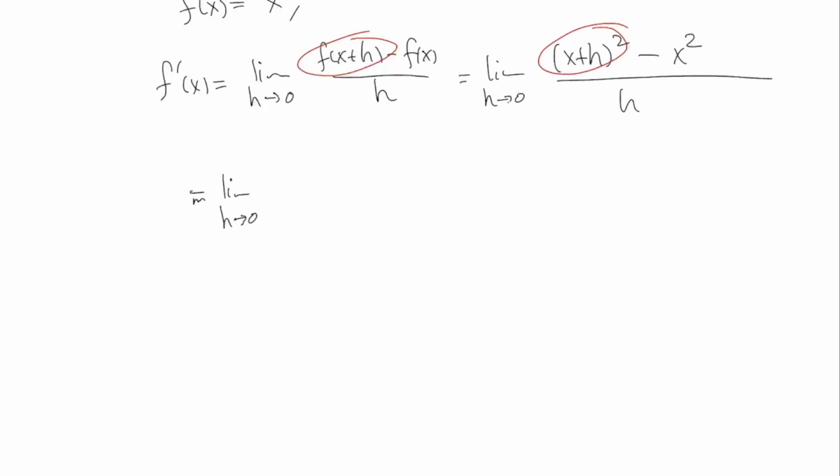It's similar to the usual simplifying stuff that we do. What do you think? Yeah, do the FOIL thing right here. X plus h squared. Do the FOIL on that.